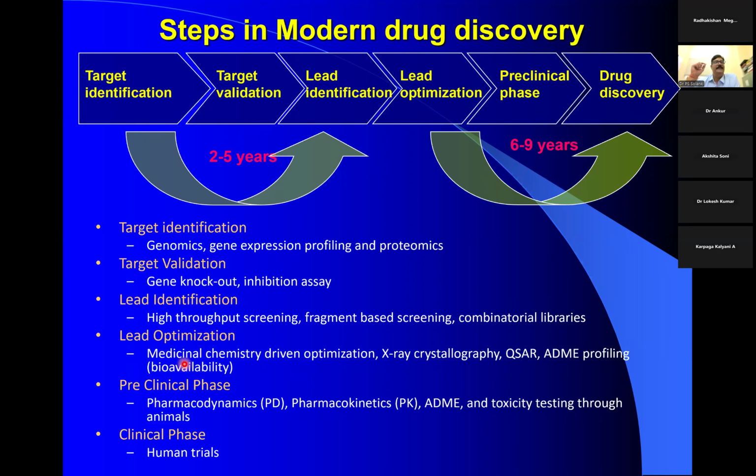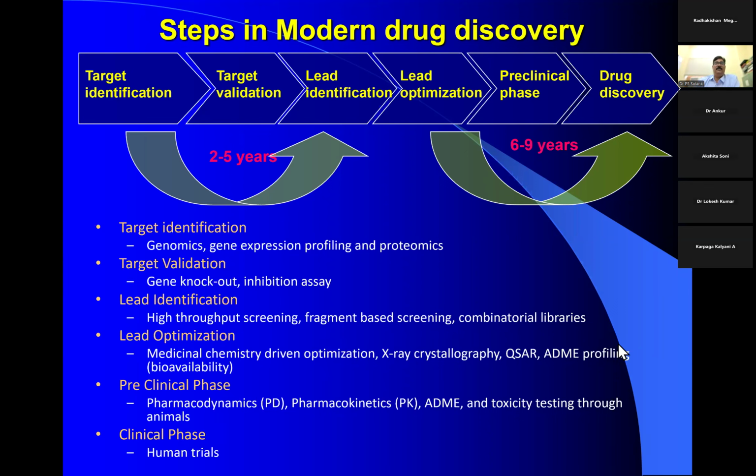It is defined as the fraction of an administered dose of unchanged drug that reaches the systemic circulation, that is our bloodstream, and is available to produce a therapeutic effect. A drug can be potent in a test tube, but if it has poor bioavailability, it won't work effectively in our body. So bioavailability is very important.